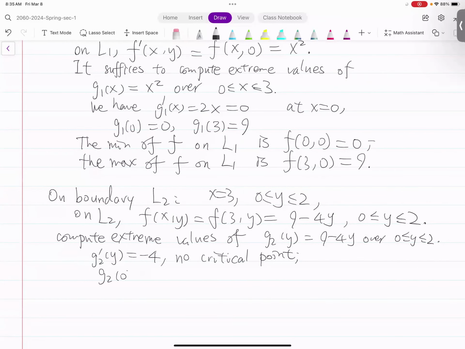G2 of 0 is 9. G2 of 2 is 1, at the boundary of the interval.